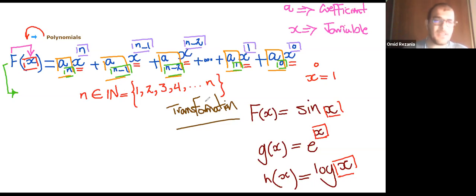The natural numbers are the positive integers: 1, 2, 3, 4, 5, 1,000, 1 million, 2 billion and 500 million. It can be anything. But n cannot be negative, and n has to always be a positive integer. That's why I denote n as a number which belongs to the natural numbers.